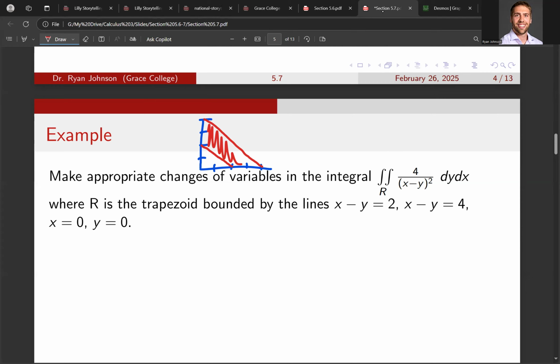So if we do u equals x minus y, and then say v equals, could be anything we want it to be. But why not x plus y?